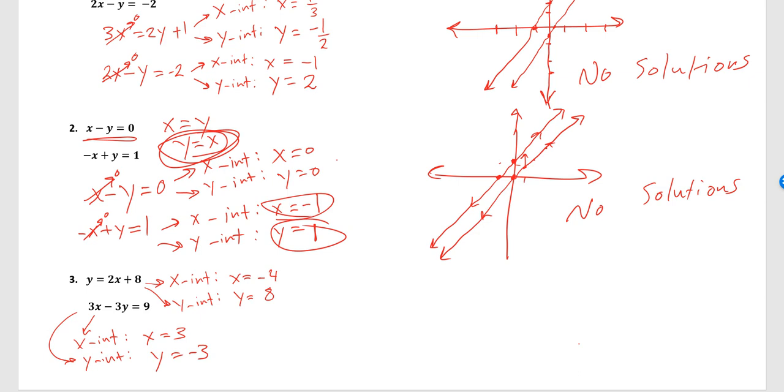So if we attempt to graph these on the coordinate plane, the x-intercept is -4, so 1, 2, 3, 4, -4. This is the x-intercept.